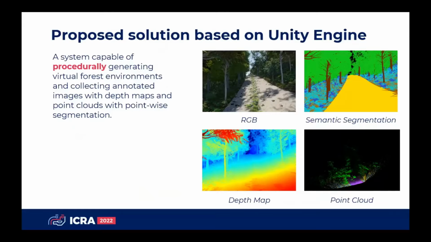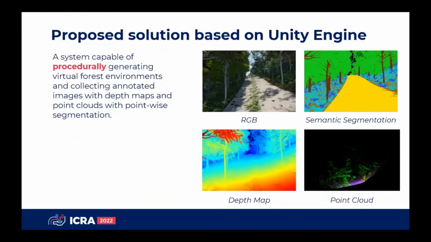The idea was to focus on the procedural generation of the forest, because of course it's fun to have all these synthetic worlds being created, but if we have to place everything by hand, we're not going to spend time on labeling, we're going to spend time placing things to generate the scenario.